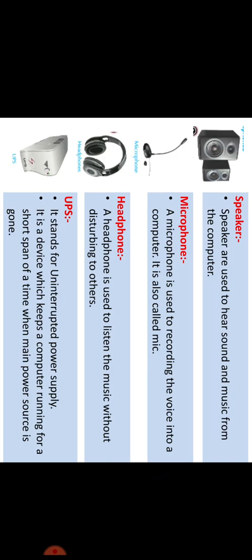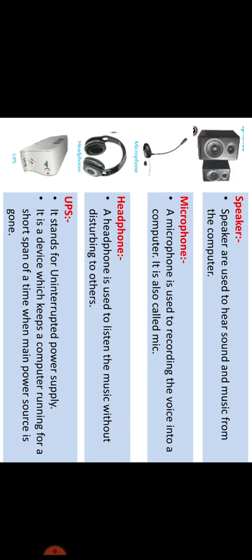What is this UPS doing? It keeps a computer running for a short span. Means suddenly the power is off, but with the help of this UPS we get power supply for a short period of time. In that short period we can shut down our computer properly, step by step. So our computer is safe. That's why this UPS is used.